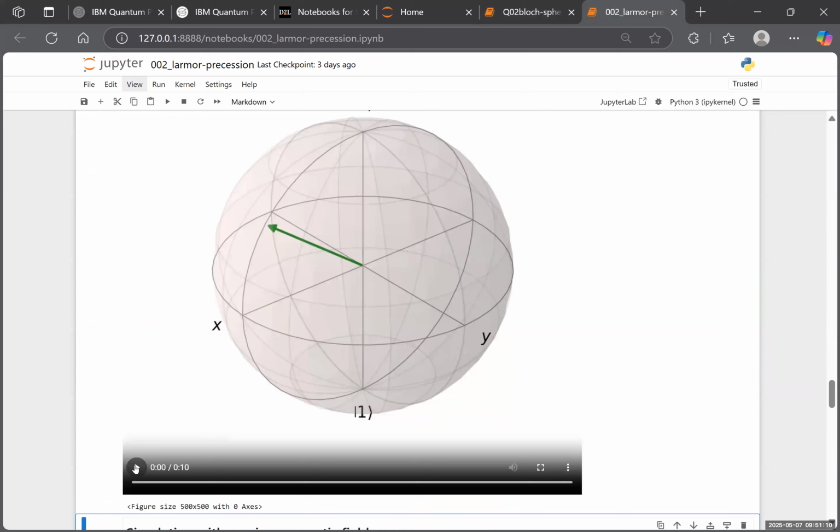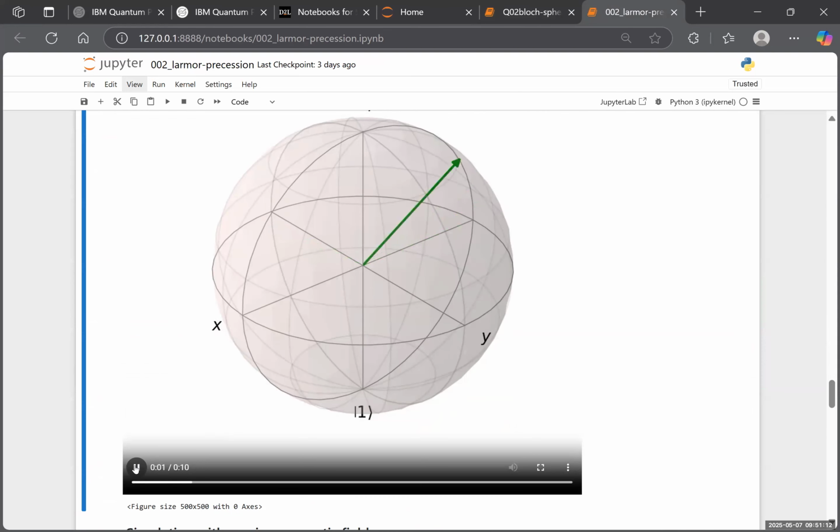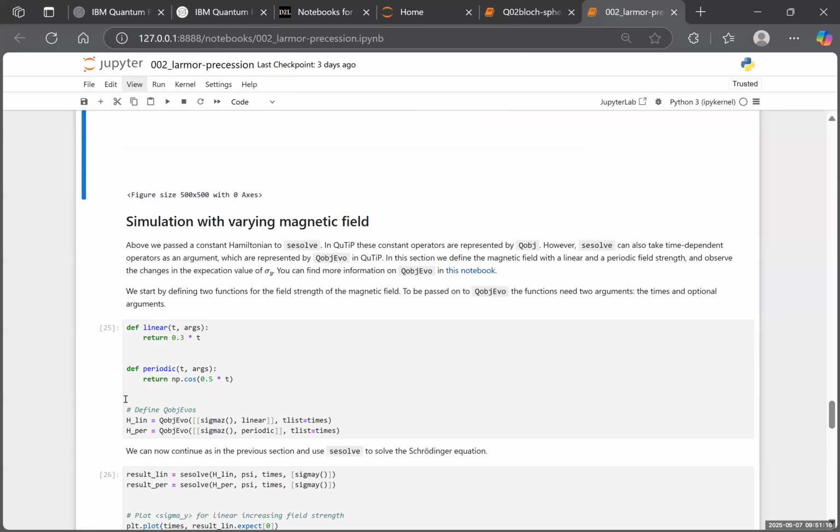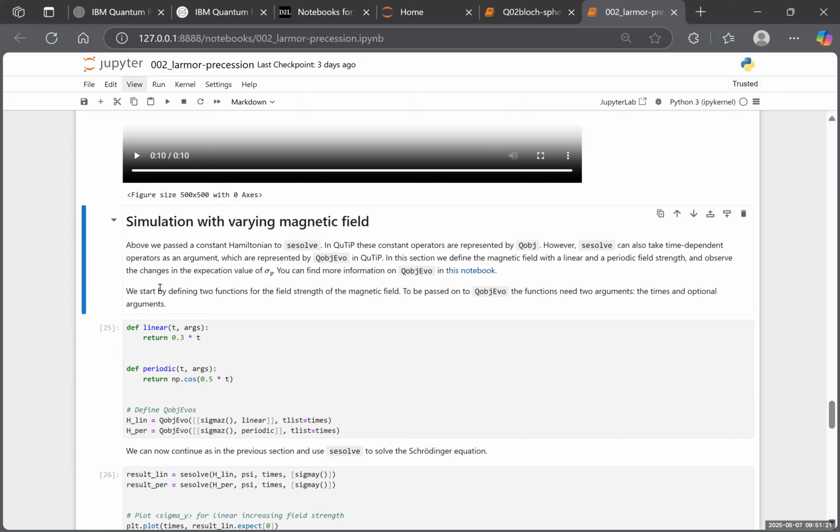Okay, so this only moving the arrow does not show the trace. Okay. Next, we want to solve a field which can change in time. So the above we have a constant field, constant Hamiltonian.